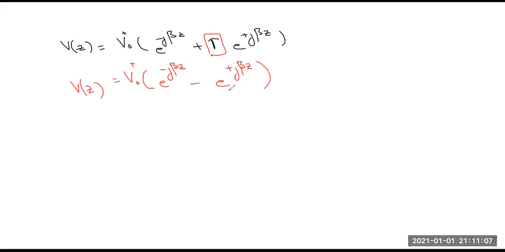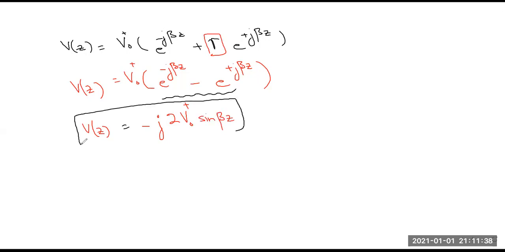This result, again, we can make use of Euler's relationship. After making use of Euler's relationship, it will become equal to -j2V0+ sin(βz).